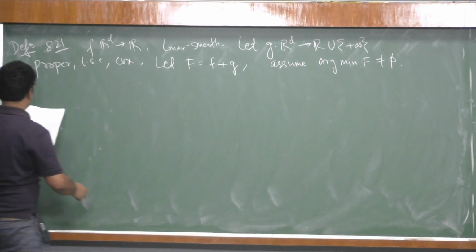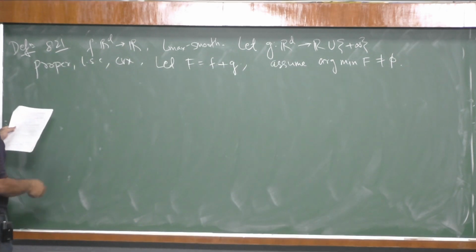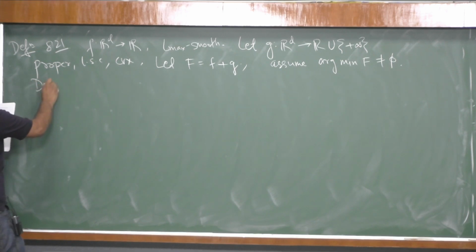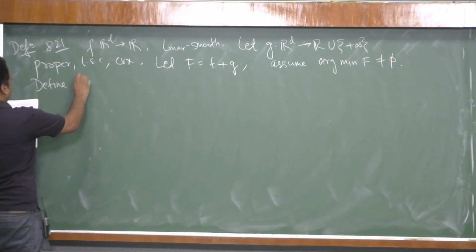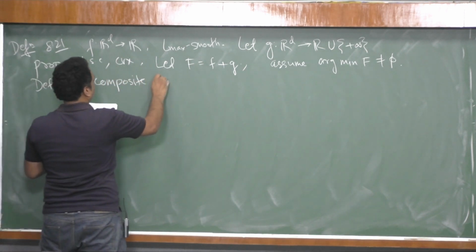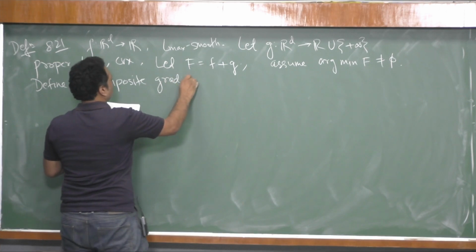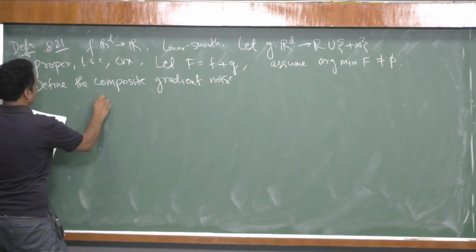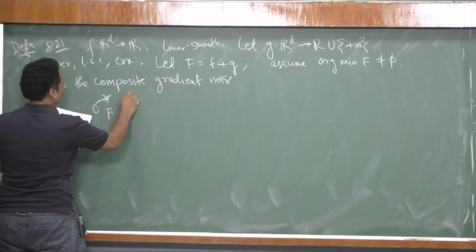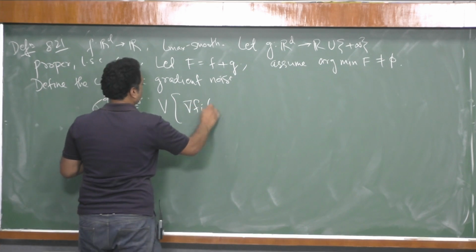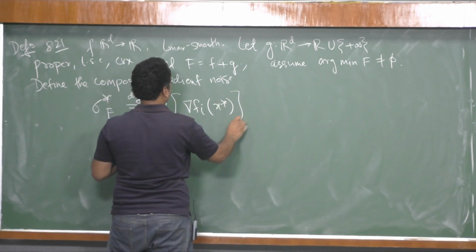So this is a definition, okay, of something called composite gradient noise. So define the composite gradient noise sigma star F as the variance of grad fi x star.